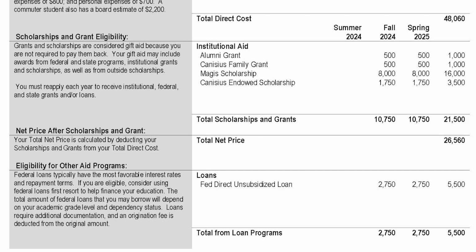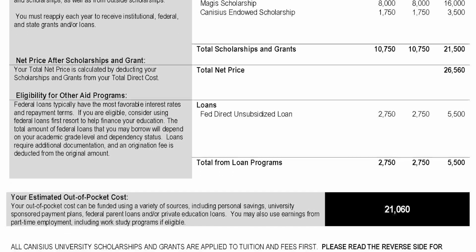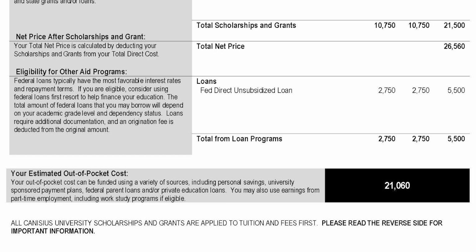Once we move beyond institutional scholarships and grants, you would be considered for federal and state grant eligibility. Again, grants and scholarships do not need to be repaid in any capacity. And then we would move beyond federal financial aid to what we call self-help.